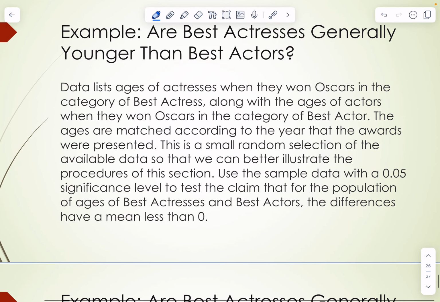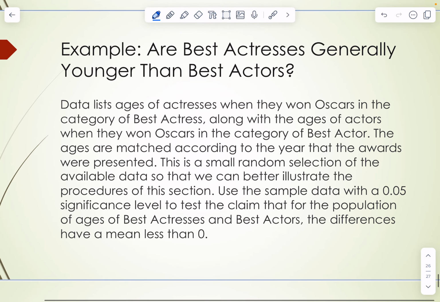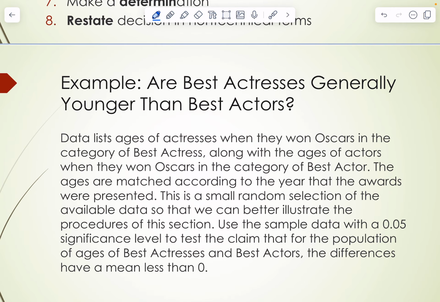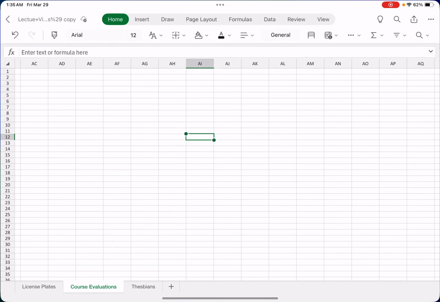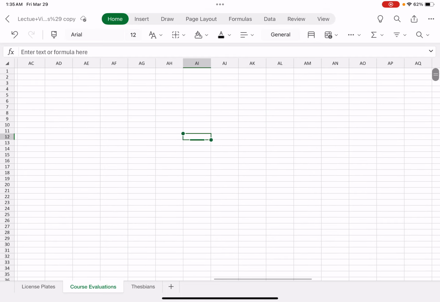All right, let's take an example, and then we are done. The example is, remember that actress and actors data that we had? I have it here in Excel. I didn't want to write actresses and actors, so I just wrote thespians, which is a fancy word for actors.